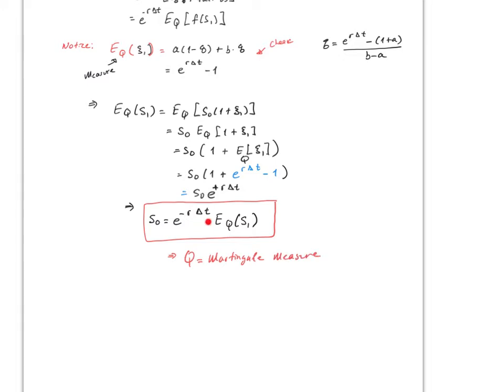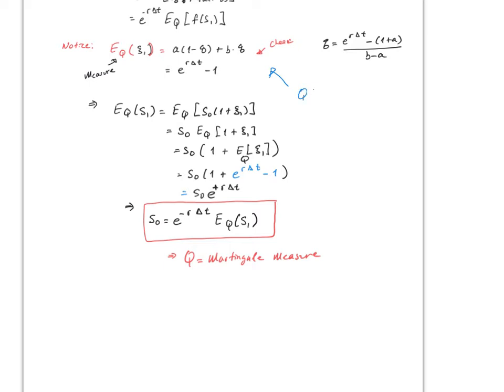Now this is for a single step. The next example, we're going to do this for n steps, but this is going to be the main idea. Just for the record, notice that this means the following.